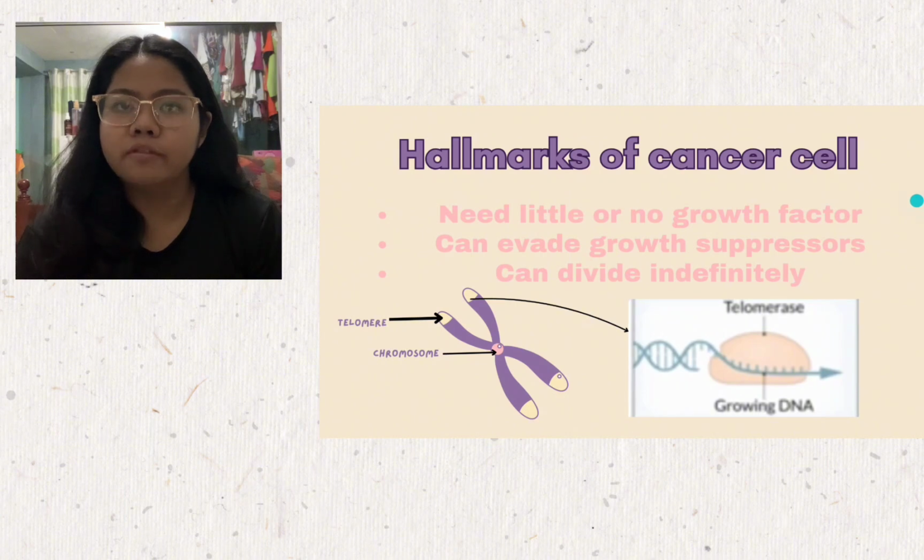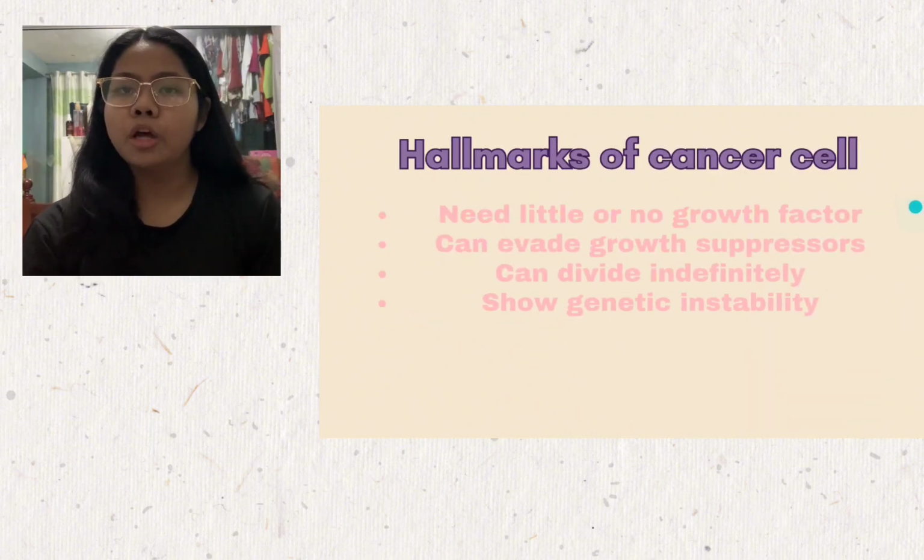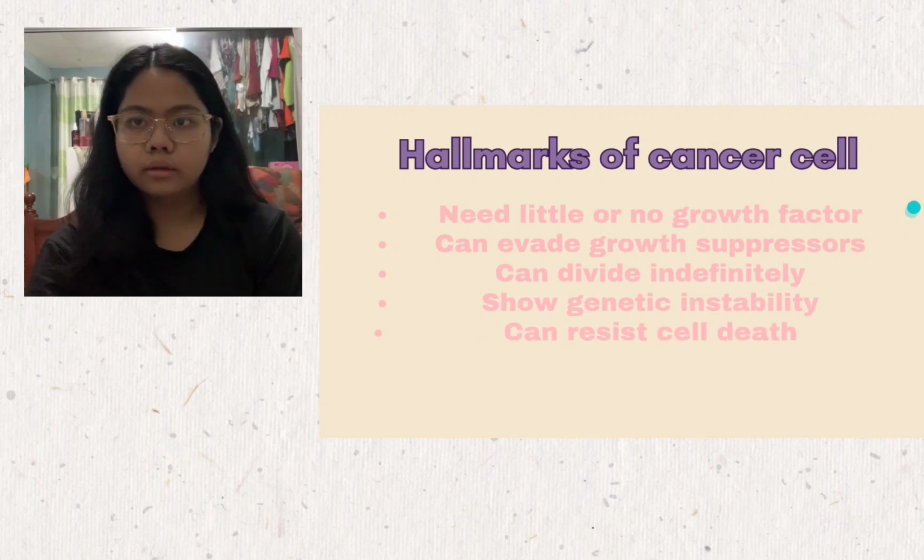Fourth, cancer cells also show increased genetic instability and therefore have a higher frequency of mutations. This occurs as a result of inefficient repair of DNA damage during the cell cycle, and does not induce programmed cell death.